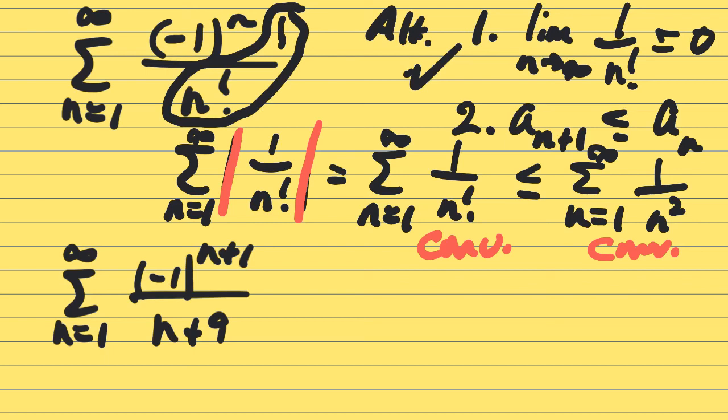The second example, this one by alternating series has a limit that goes to 0.